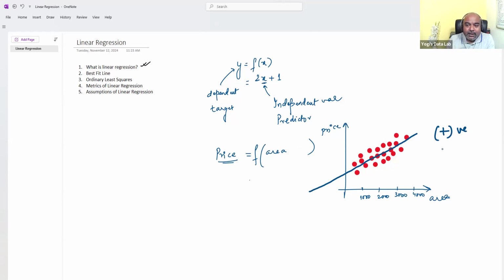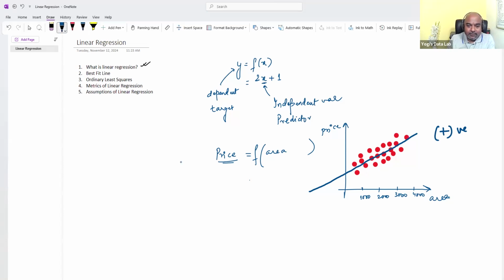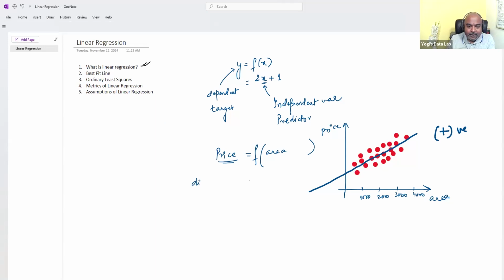However, in this situation, we have only considered the area of a home contributing towards the price. But it is not just the single variable which will contribute, right? There can be multiple variables which can contribute, like distance from school. So let's write it down. Distance from school.